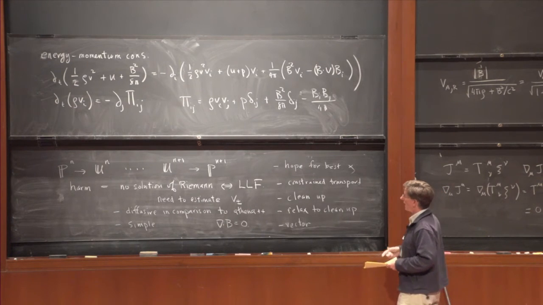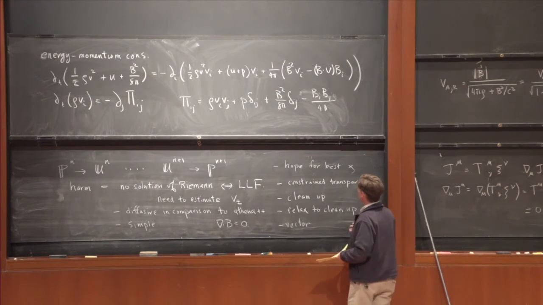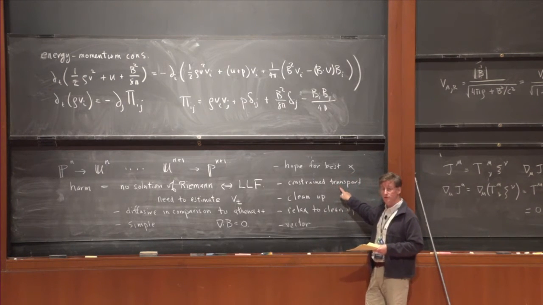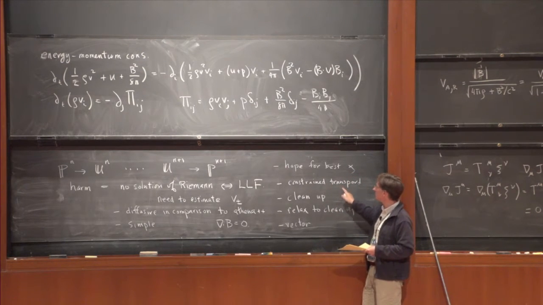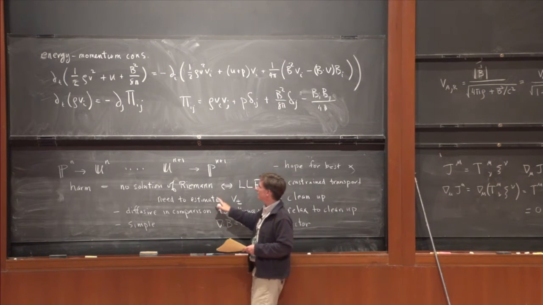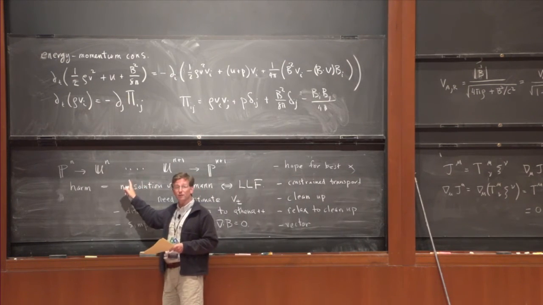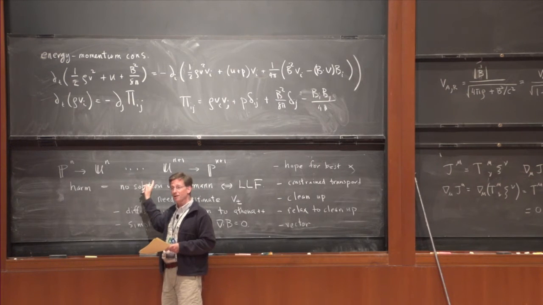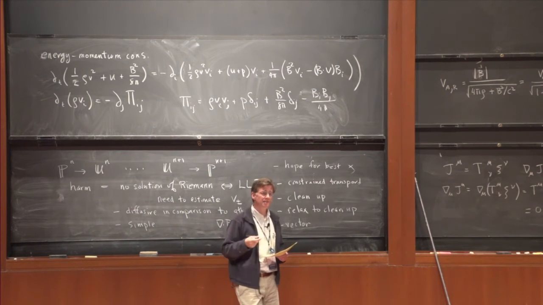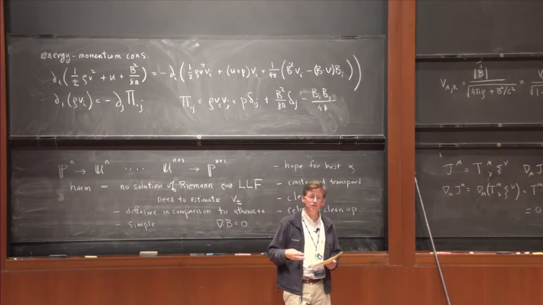So again, this all applies to the non-relativistic case. HARM and most relativistic MHD codes use constrained transport. The distinctive feature, really, of the relativistic MHD is that this process is no longer analytic. And I think it's now fairly well understood how to do this.